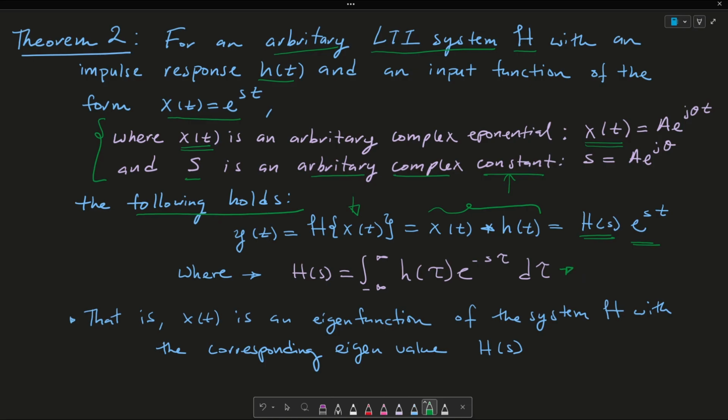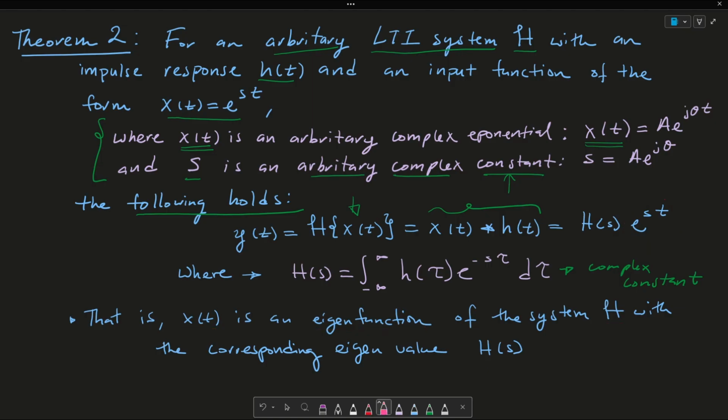What we want to note is that when you compute this, you get a complex constant. It's very important that we understand that h of s is a complex constant, or a constant in general. So given an output equated to h of s e to the st, we say that x of t is an eigenfunction of the system H with the corresponding eigenvalue h of s. I hope theorem 2 makes sense and gives a leeway to what we're trying to prove.